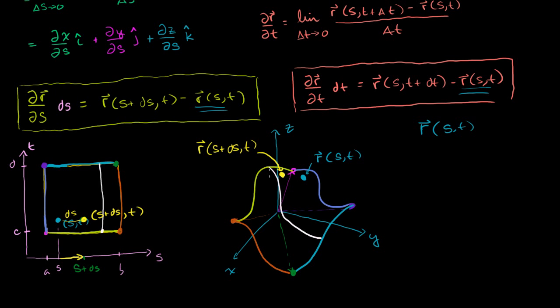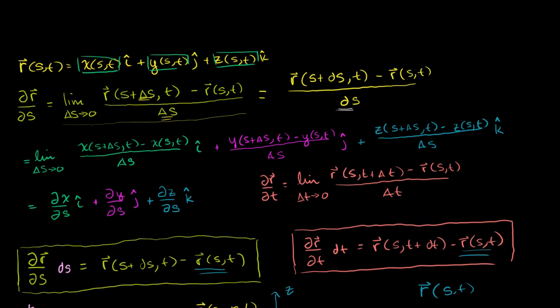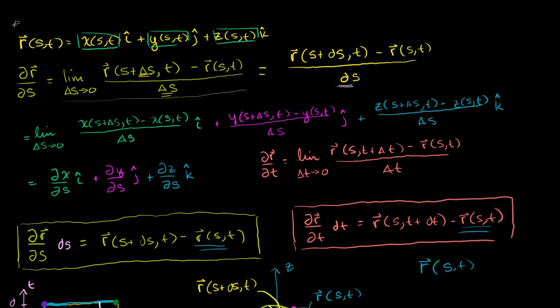It's a super small change in s. And then when we map it, or put that point into our vector valued function, let me copy and paste the original vector valued function just so we have a good image of what we're talking about this whole time.